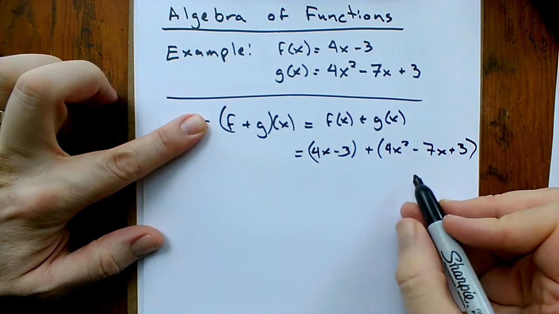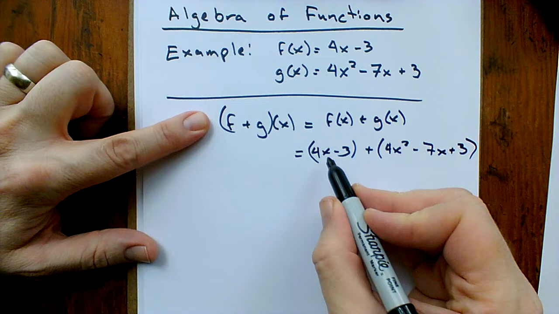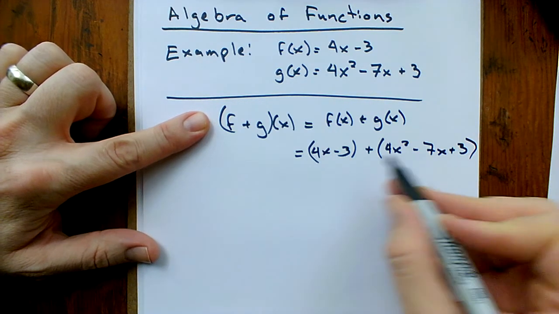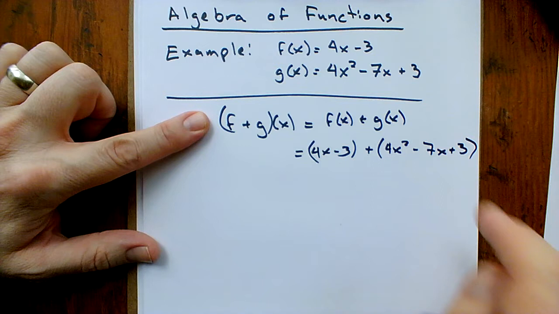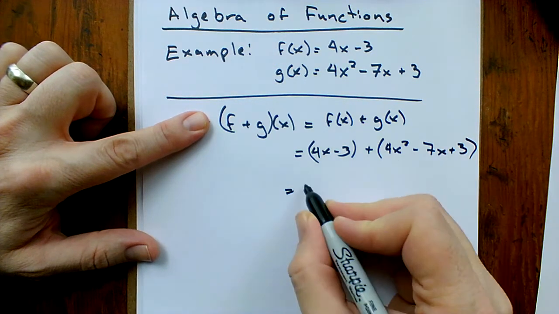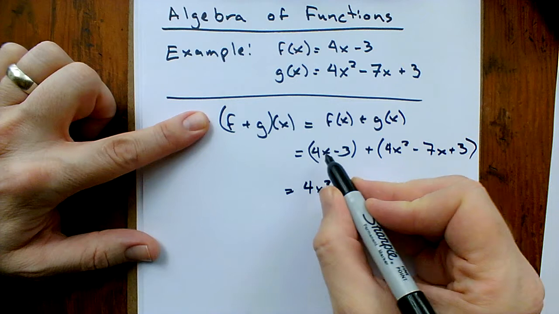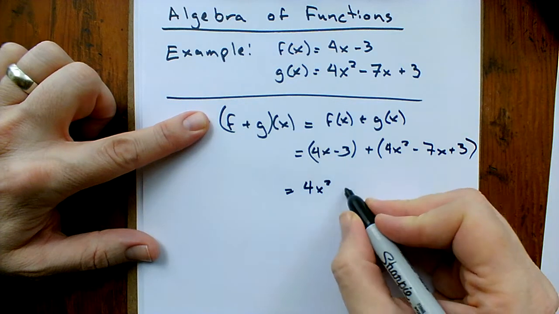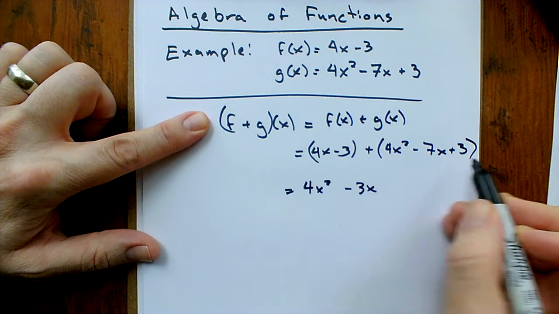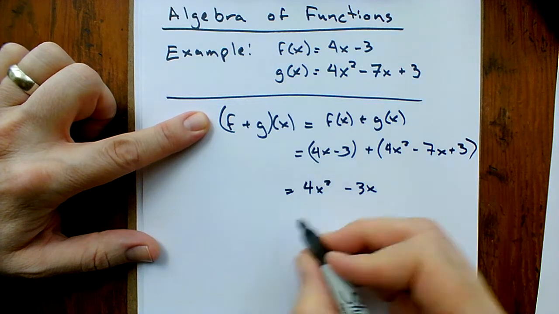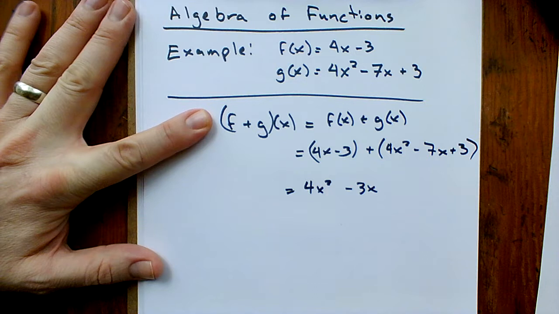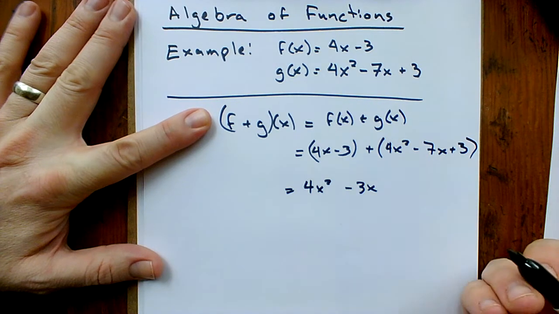So with this, I could just add straight across. This addition means that I'm not going to change any of these signs here. It looks like I will have 4x squared, and then 4x minus 7x would be minus 3x, and then minus 3 plus a positive 3 would be 0. So my f plus g of x would just be 4x squared minus 3x.